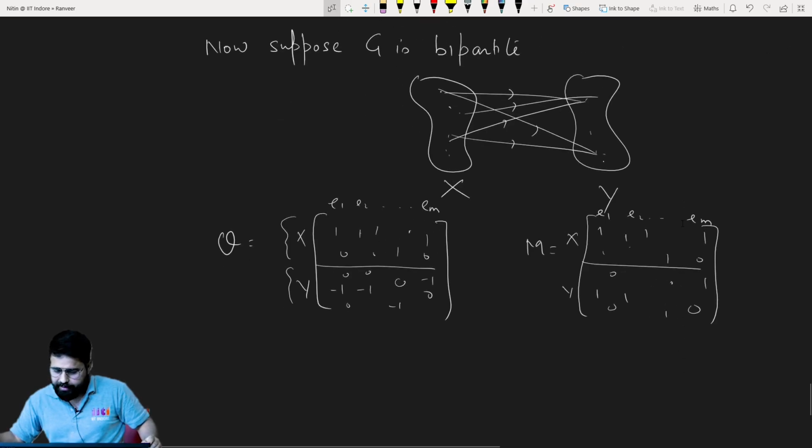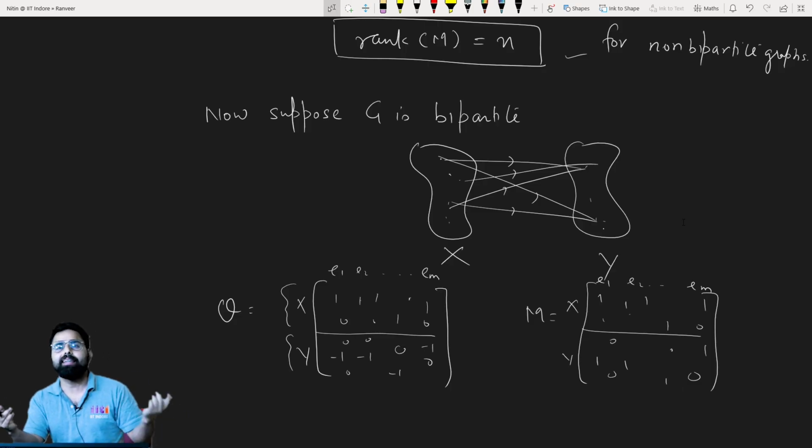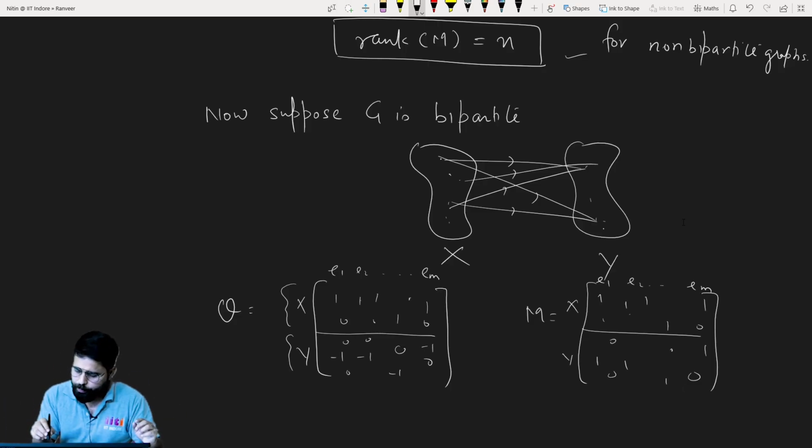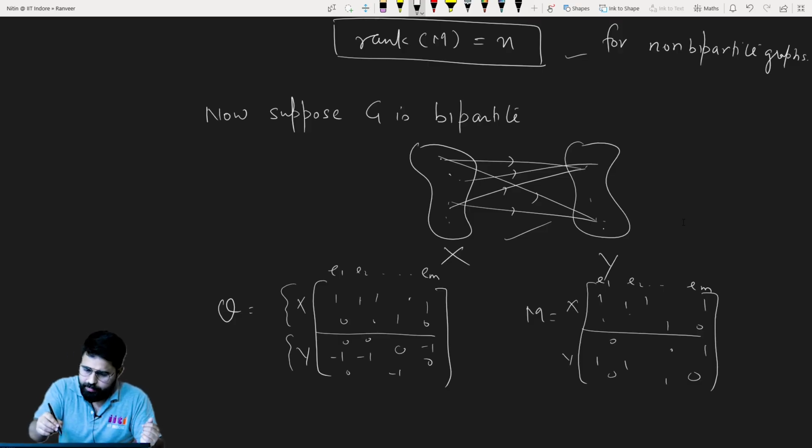Now suppose you pick a spanning tree, because this graph is connected, so there will be a spanning tree. Suppose the spanning tree has edges up to e n-1.